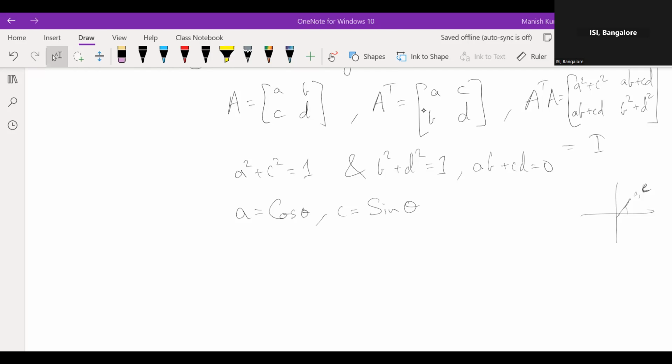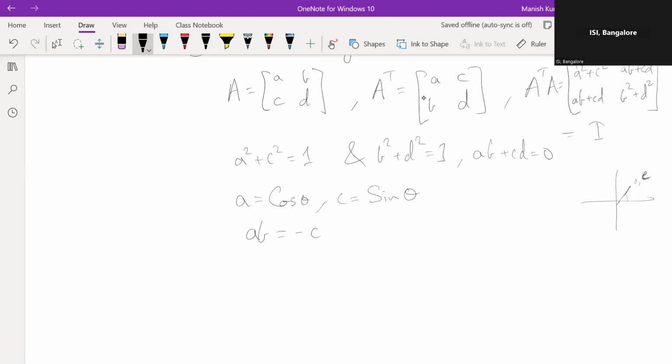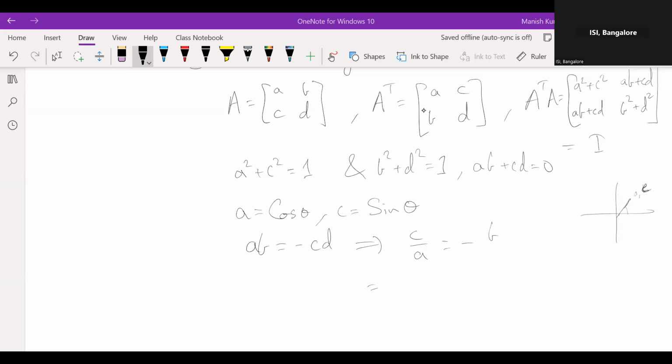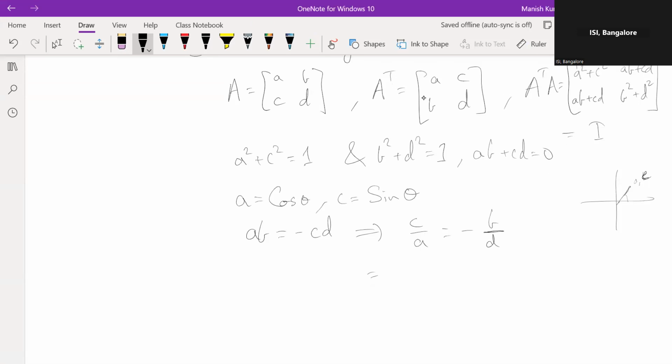AB plus CD is 0, so AB equals minus CD. That tells you that C over A is minus B over D. Let's write it in terms of tangent theta: this implies that tangent theta is minus B over D.